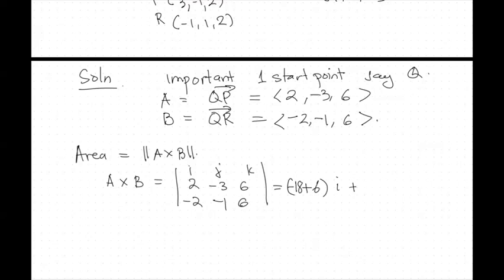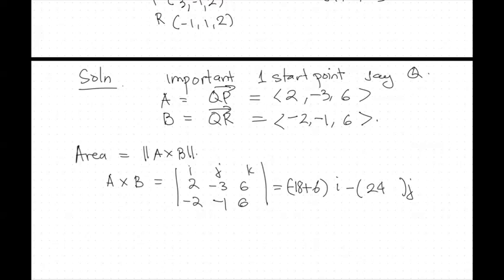For the j component we get 12 plus 12, which is 24, so just put 24.